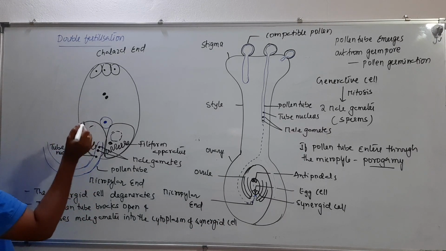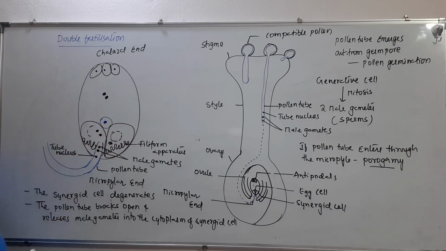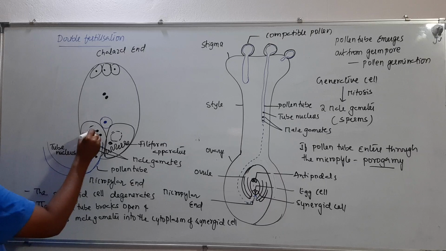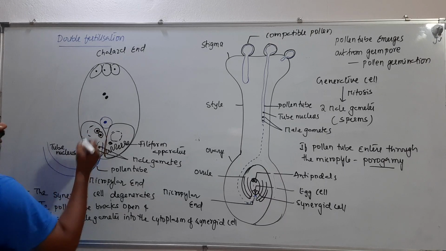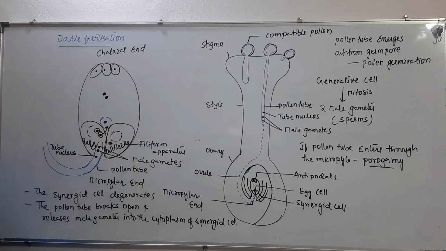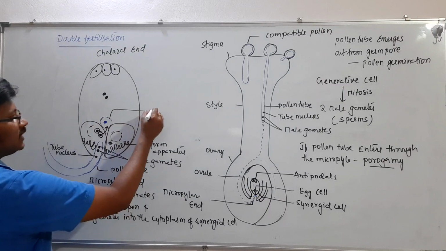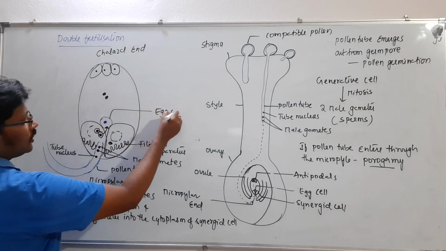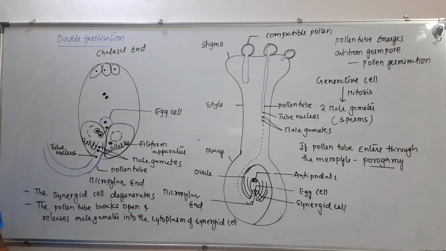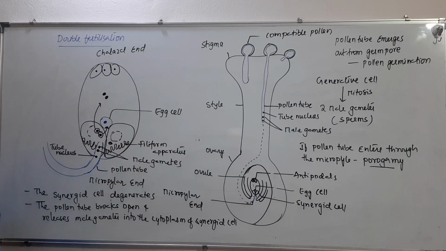Once the male gametes are released, one of these male gametes will move towards the egg cell and fuse with it. This is the egg cell, and that results in the process called syngamy. One more male gamete will move towards the polar nuclei.